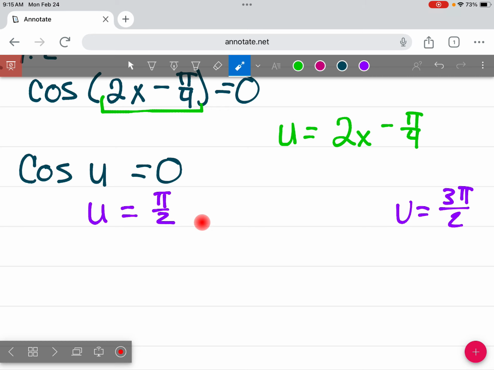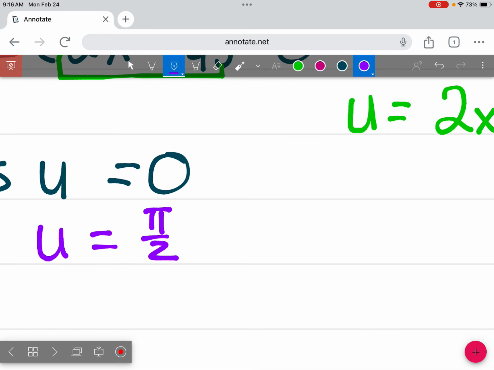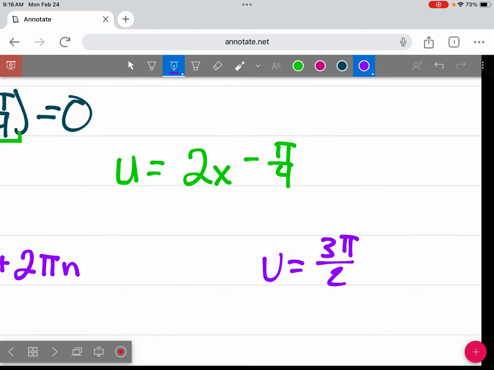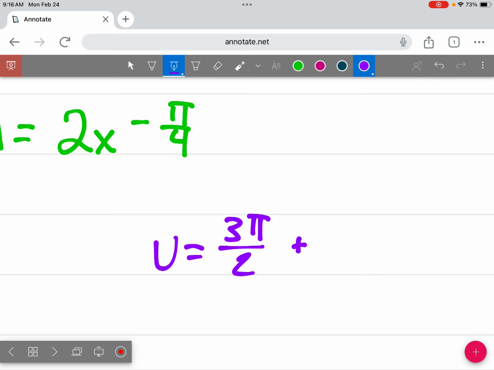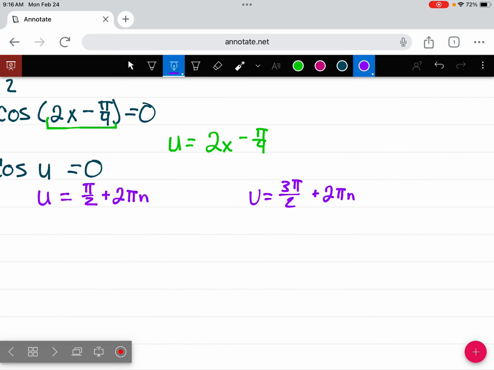So what do we need to add at the end over here? Plus our 2 pi n, because we got to get those coterminals. So whenever we do a u substitution on these, we're going to do the whole thing like they're asking us for all possible answers before we get to the end and we make a list.